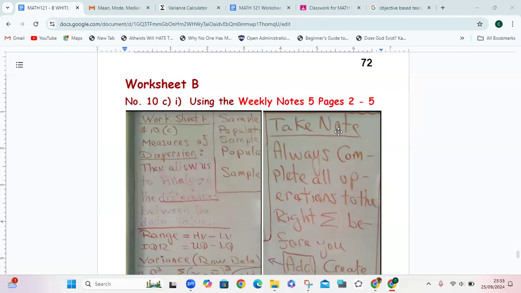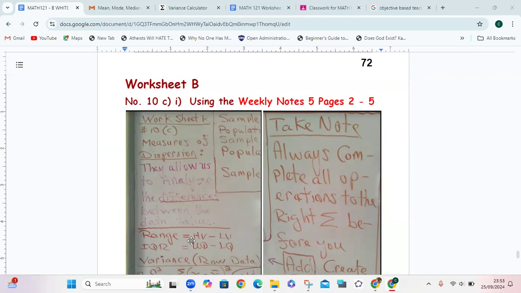To calculate how different the values are from each other, you can go to Weekly Notes 5, pages 2 to 5. Now, when you go there, it will reinforce that you are calculating a measure of dispersion. Measures of dispersion allow us to analyze the differences between the data values.